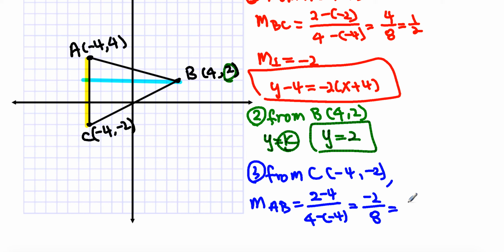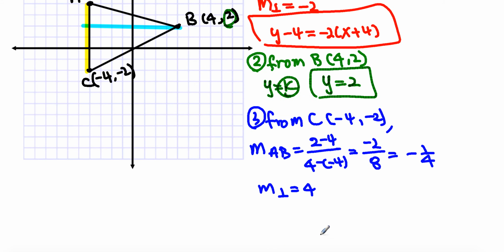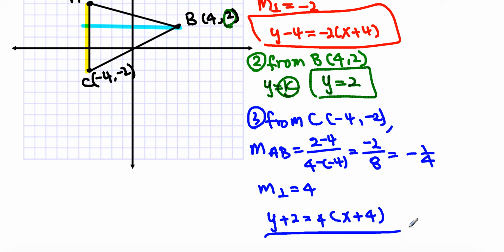So the slope is equal to negative 1/4. Then what does that mean? The slope that we are looking for is equal to 4. So using 4 and this point, we should be able to figure out the equation, which is y plus 2 equals 4 times x plus 4. So that is our equation.